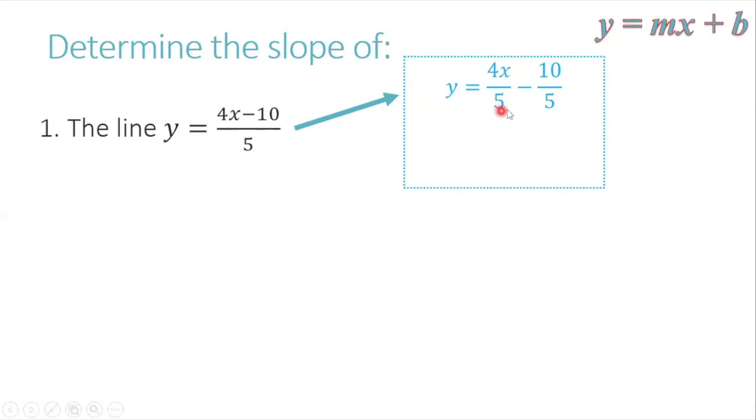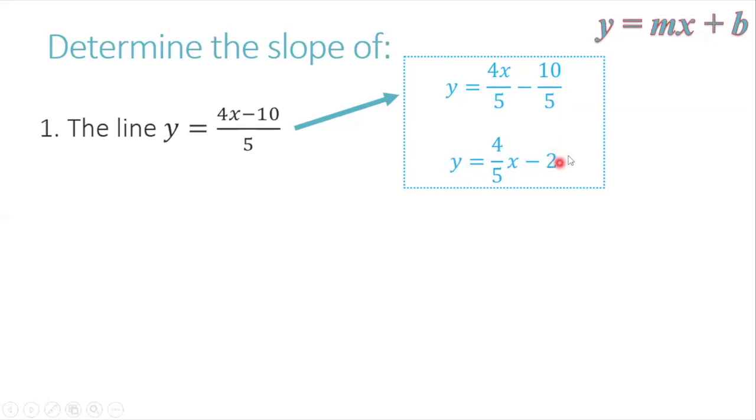So all I did was break it apart, and so now we have y equals 4x divided by 5, take away 10 divided by 5. And so we can simplify this a little, and we can get 4 divided by 5, leave it as a fraction. X, take away 10 divided by 5 is 2.